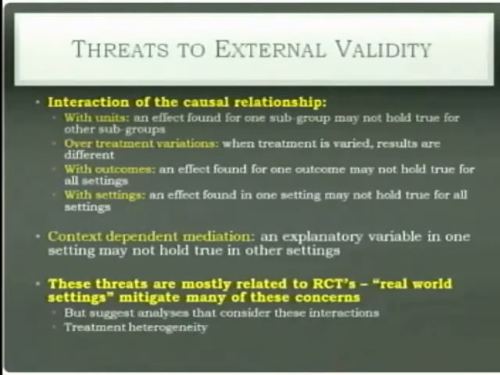You could change your outcomes. You might have a particular outcome like emergency department utilization, but then you look at other outcomes like parent satisfaction, primary care visits, or maybe some pulmonary function tests. You might see that emergency department utilization is reduced, but you're not seeing any differences in pulmonary function tests or parent satisfaction.